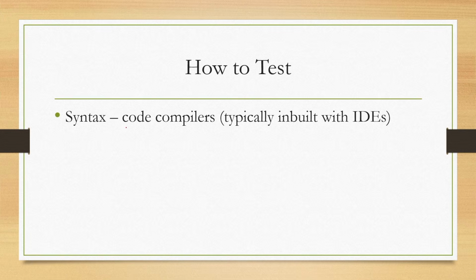That is simple. Generally, that is the most simple part of code testing. We rely on the compilers, which typically come inbuilt with the integrated development environments. I think most of you have probably already used such IDEs and the inbuilt compiler to check for syntactical correctness of your code.